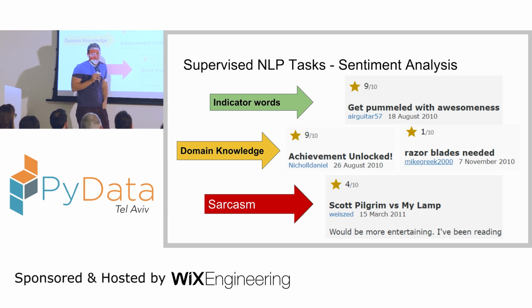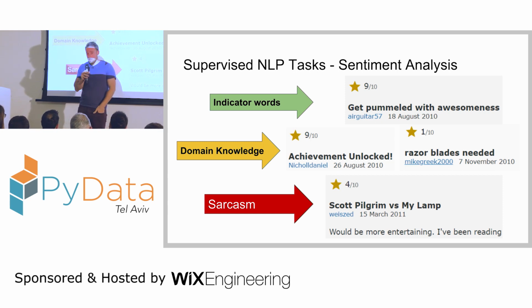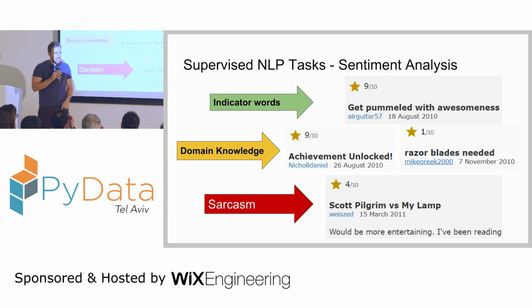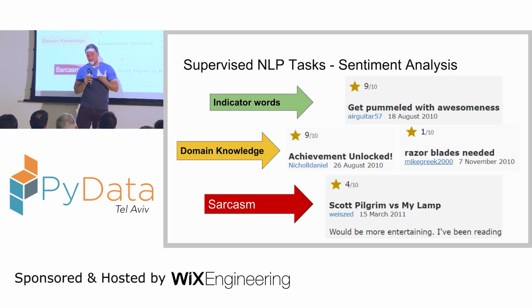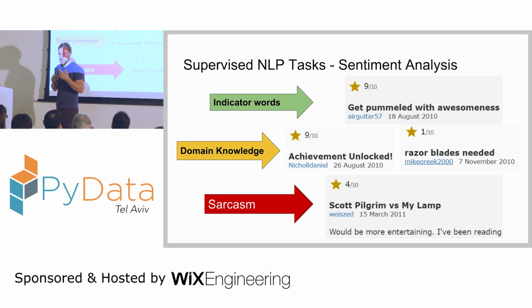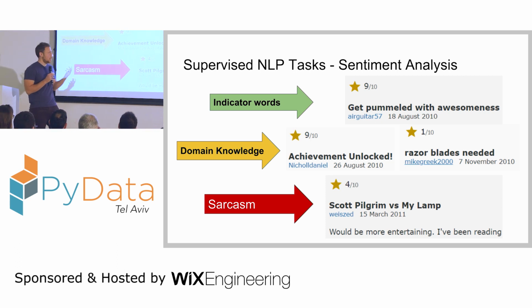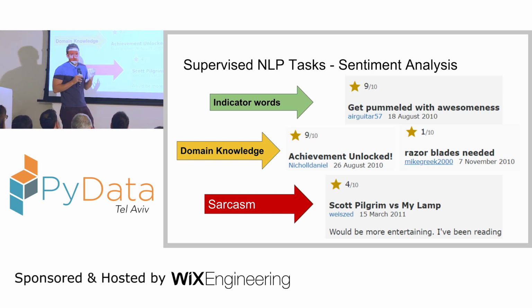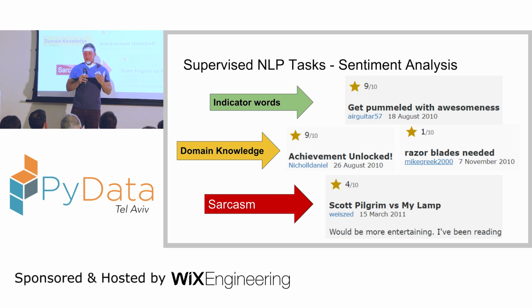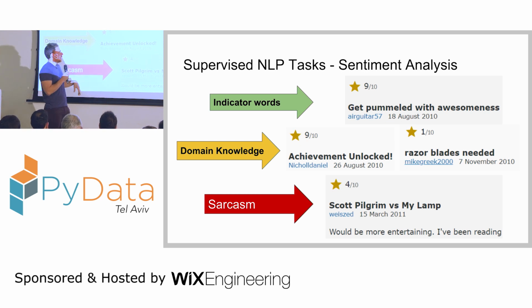Sentiment analysis is another very important supervised learning task. One might think of sentiment analysis as a special case of classification, because I have 3 classes: whether the sentiment is positive, negative, or neutral. However, it's a bit more complicated than simple classification.